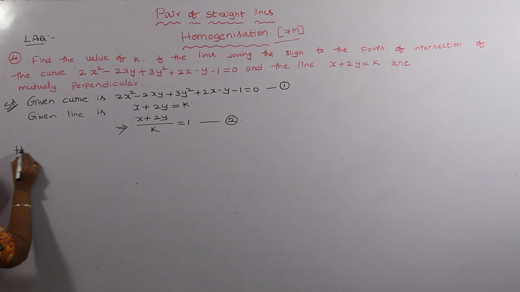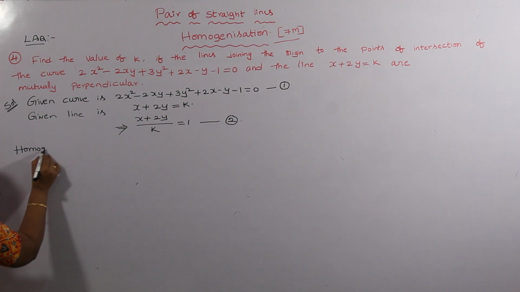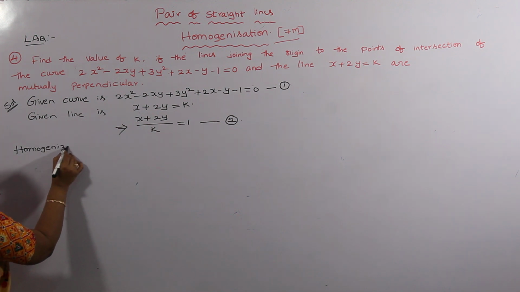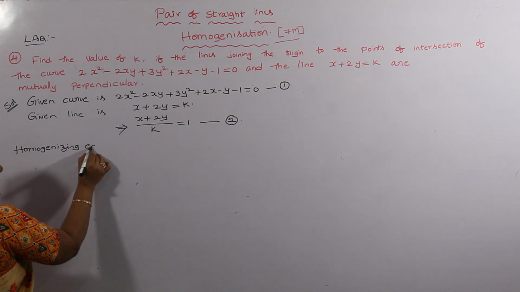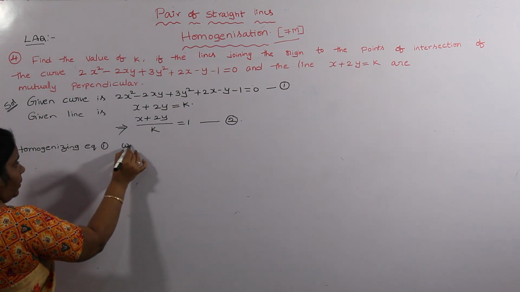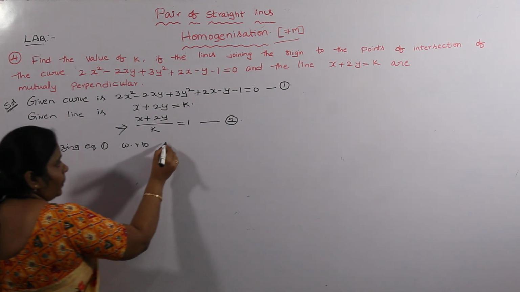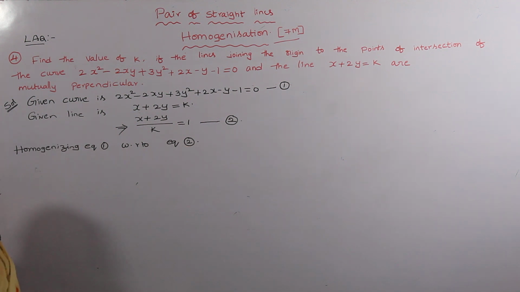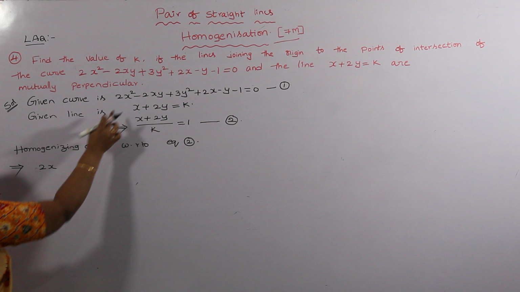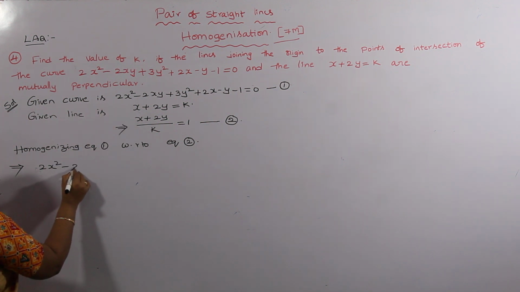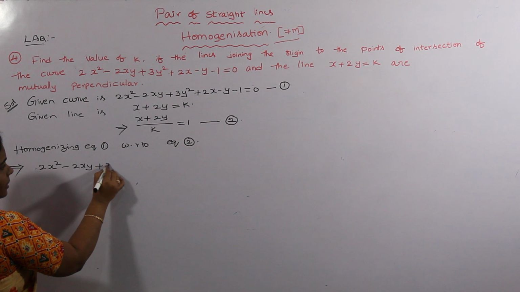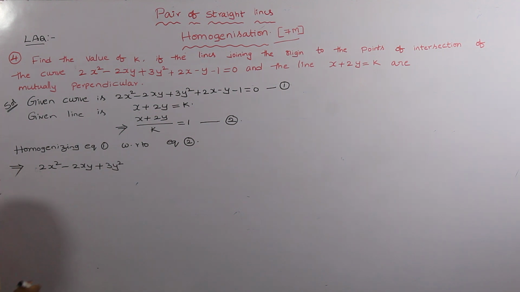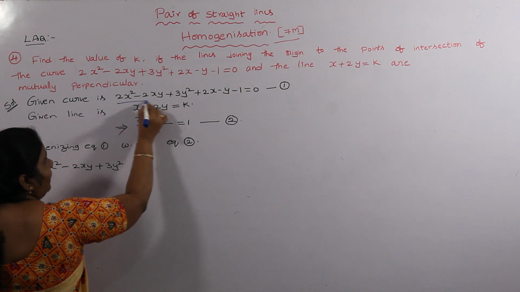Homogenizing equation 1 with respect to equation 2. Now, 2x square minus 2xy plus 3y square, up to this is taken as is directly.